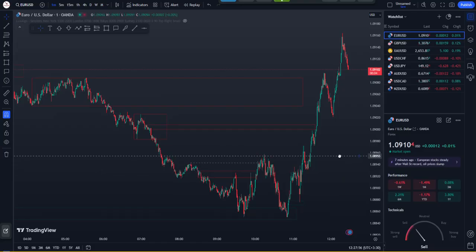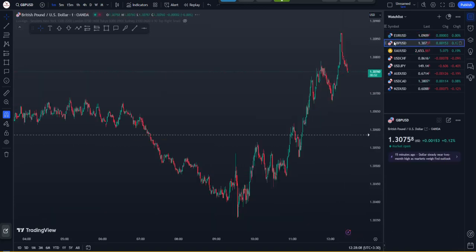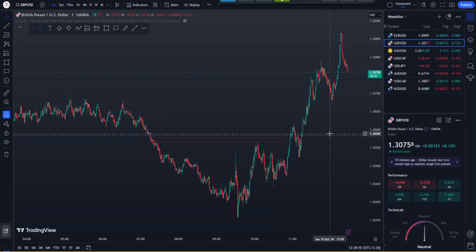Actually, I put my alert here because when price goes there, I was looking at it. Okay, Great Britain pound, it's going up there. That's a good area for price to reach.